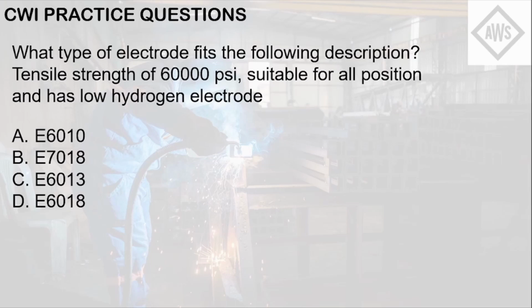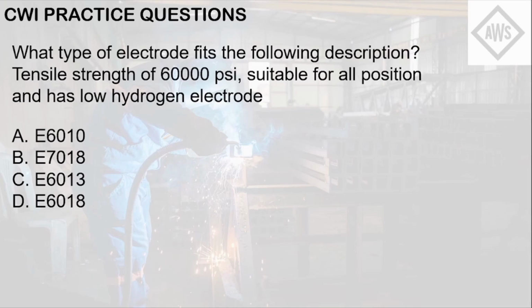But the last digit, what does it refer to? It's a chemical composition for that specific welding electrode. But is it a low hydrogen electrode? For letter B, you can automatically cancel that out because 70 pertains to 70,000 psi strength for that welding electrode.